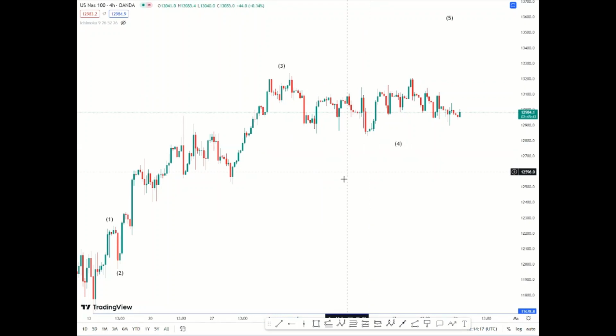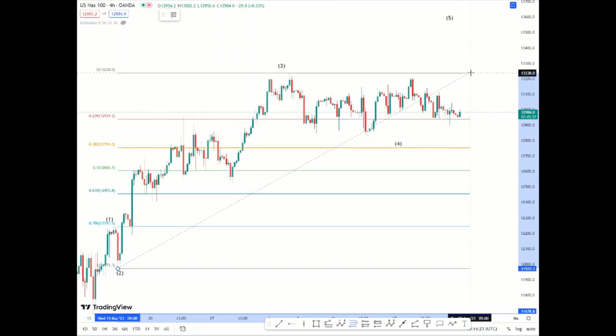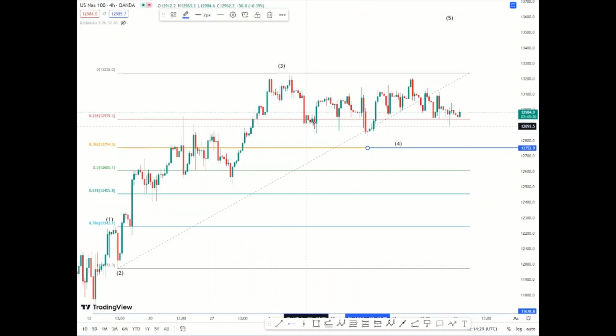So now you're gonna take your Fibonacci from 2 up to 3 again, and then you target 30% as your last support, and then you target 23%, because the graph may actually turn from 23% up to 5. That is also acceptable.